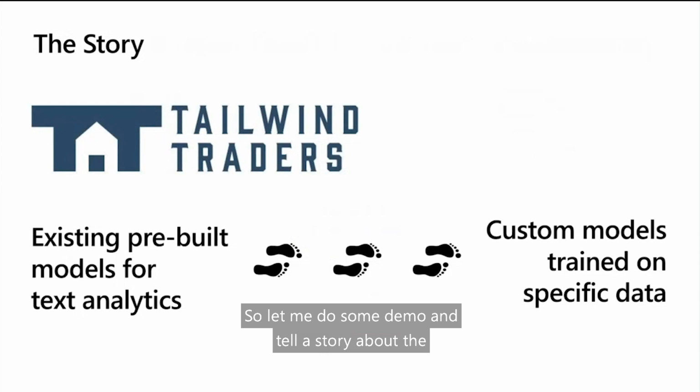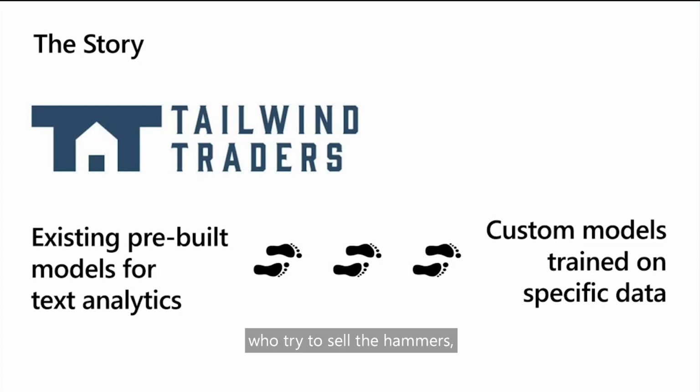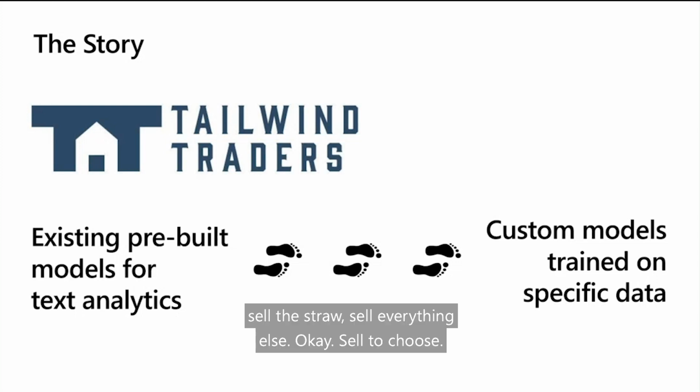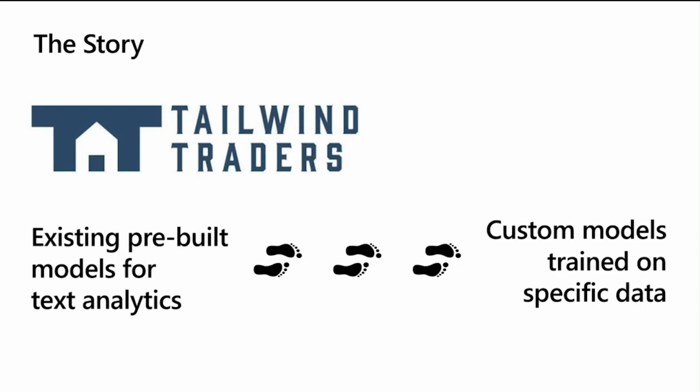So let me do some demo and tell the story about Tailwind Traders. Tailwind Traders is the largest tools and utilities company, selling hammers, saws, and everything else, all tools. They have an e-commerce platform for their product selling.